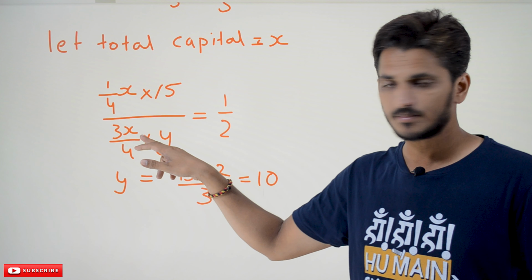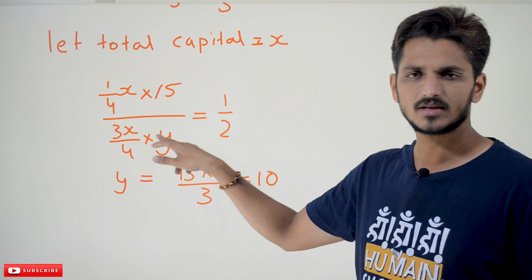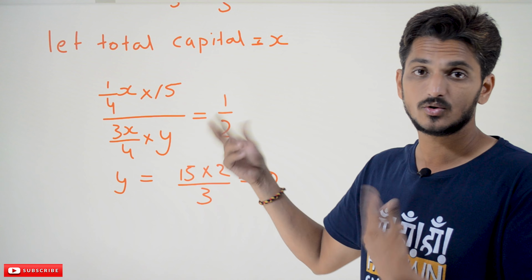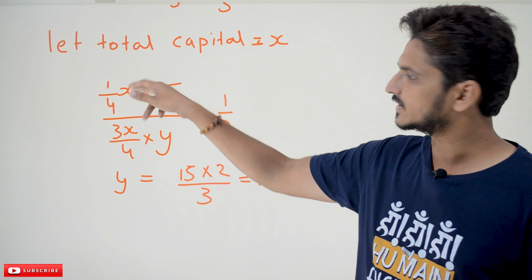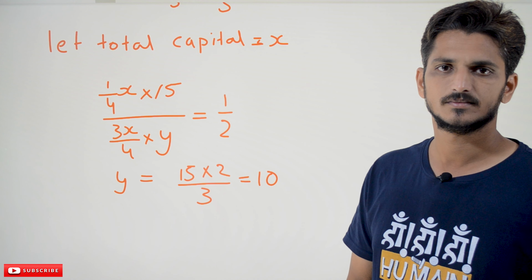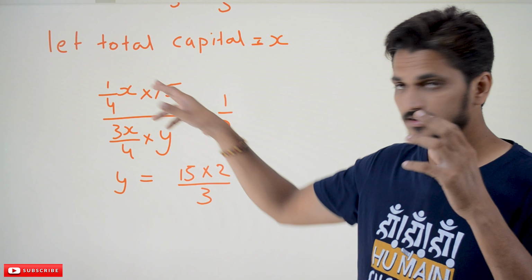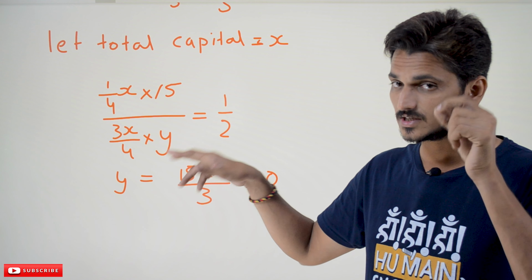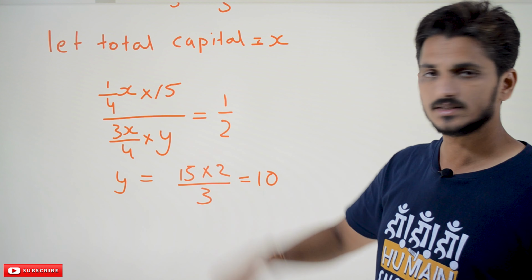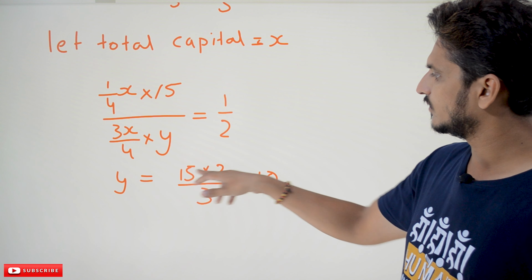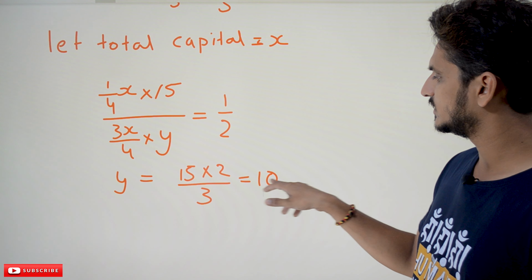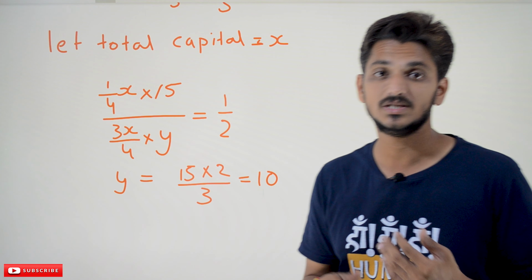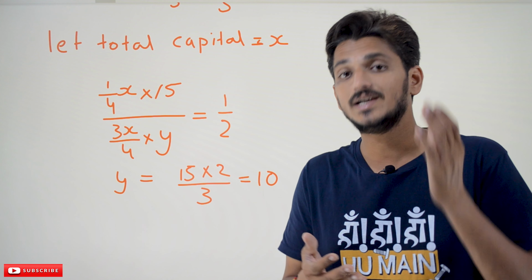So what's the remaining capital? 3/4 of the capital for Y months. We don't know Y, we need to identify Y. In A by B, the X's get cancelled. That is the key point. So Y is equal to 15 multiplied by 2 divided by 3, which is 10 months. So B's capital is going to be kept for 10 months.